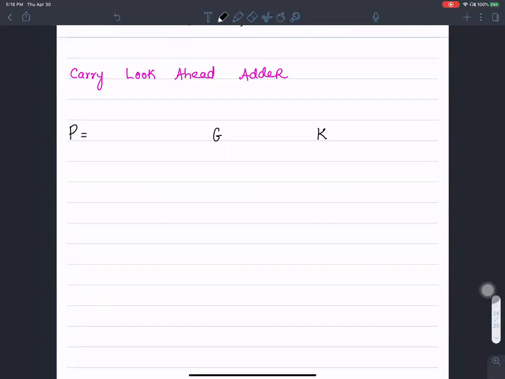Propagates is defined as A XORed with B. Generates is defined as A times B. Kill is defined as A naught times B naught.